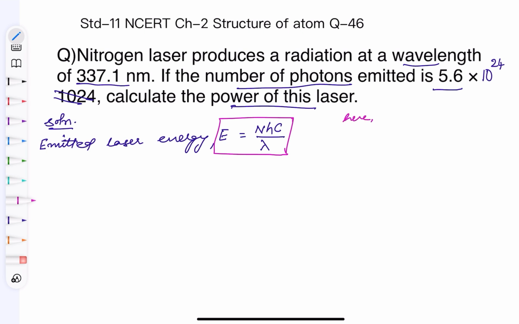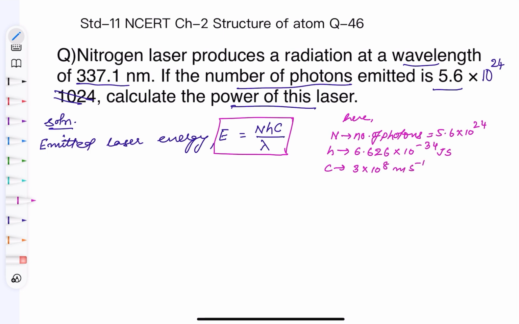Now here, N is given to you in the question as the number of photons, which is 5.6 into 10 to the power of 24. H is Planck's constant, having value 6.626 into 10 to the power of minus 34 joule second. C is the speed of light, 3 into 10 to the power of 8 meter per second.